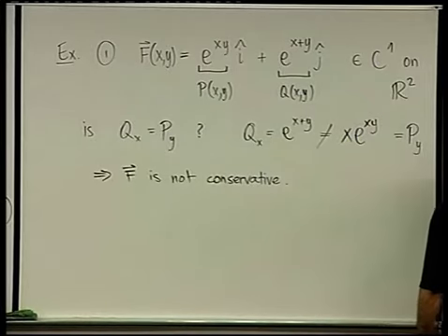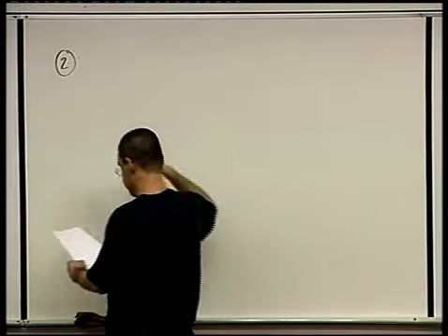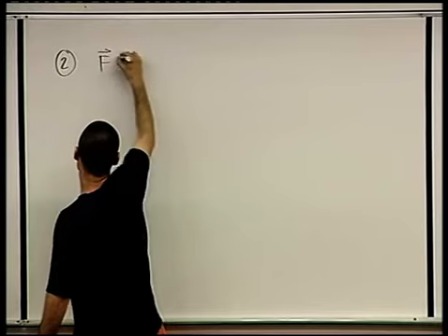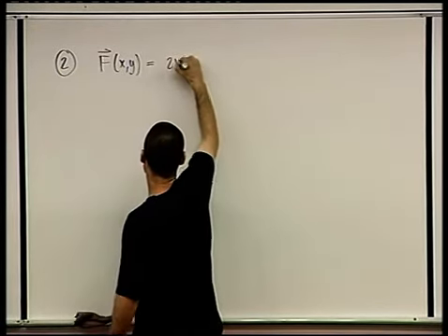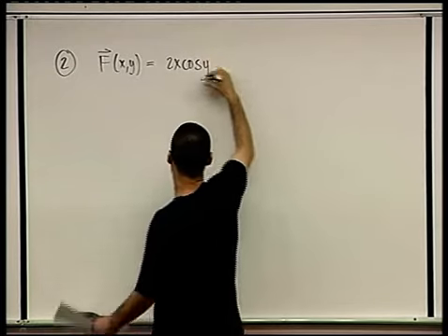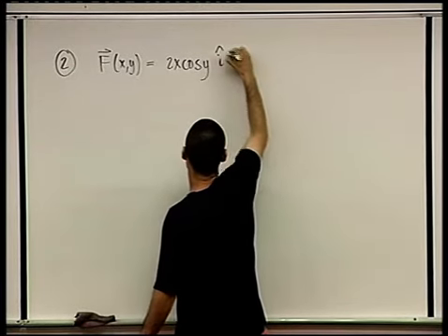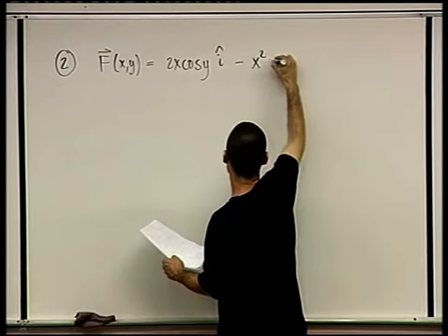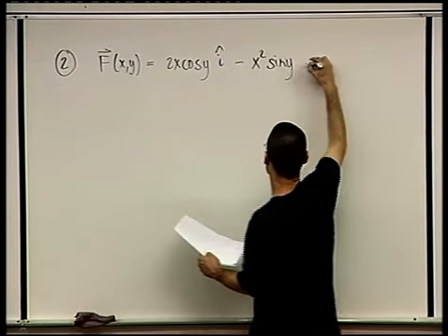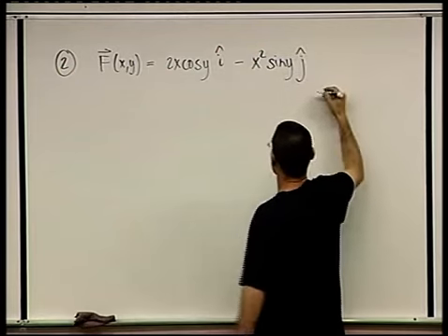Example 2, let's look at the field 2x cosine of y, that's going to be the i component, minus x squared sine of y, that's going to be the j component.